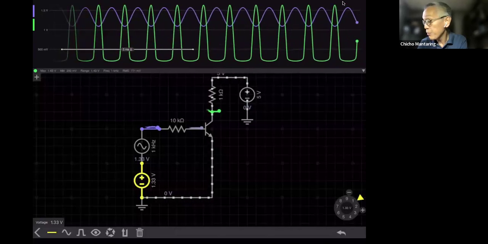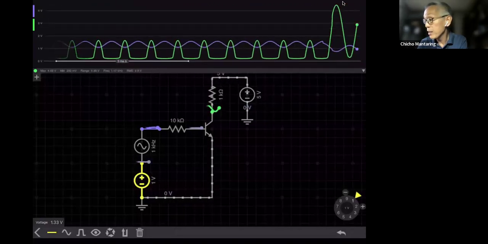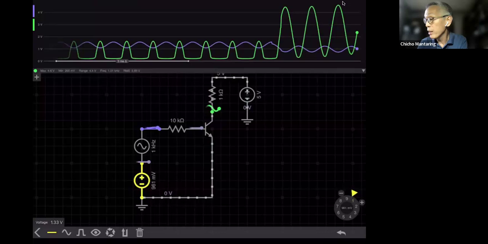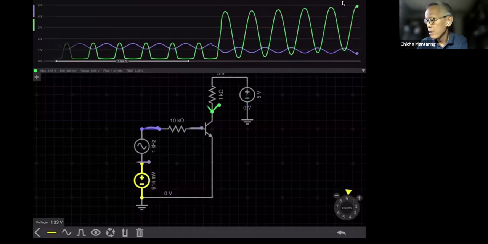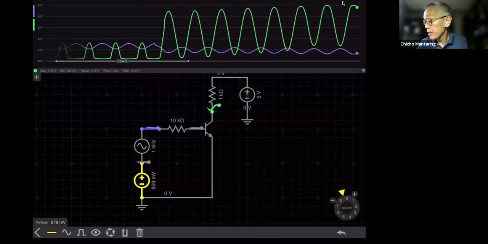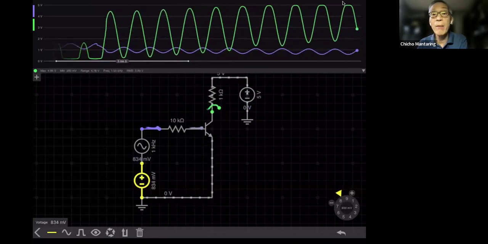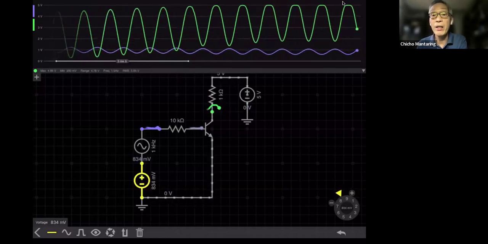The same thing happens when I reduce it. If I reduce it, it's the top portion that will clip. So now I reduced it to, let's say, 0.8 volts, and now you see the top portion is clipping.